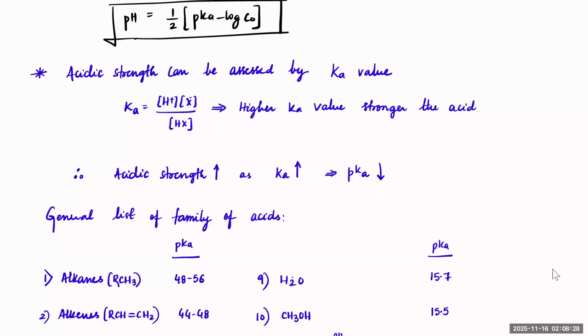Hence, I can say acidic strength increasing depends upon increasing Ka value or decreasing pKa value. Because if I say Ka value is increasing, automatically pKa value will be decreasing. We learned that pKa by definition is minus log of Ka. So if you can see Ka value is increasing, so this entire value will start decreasing. Clear?